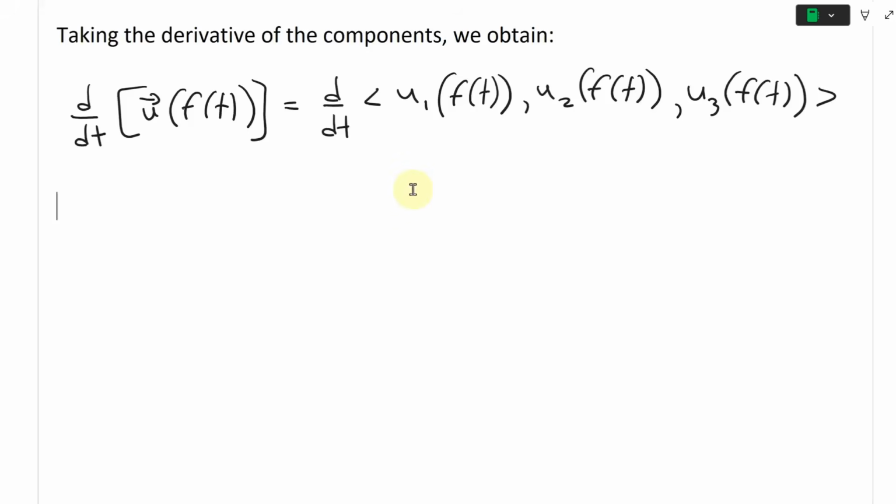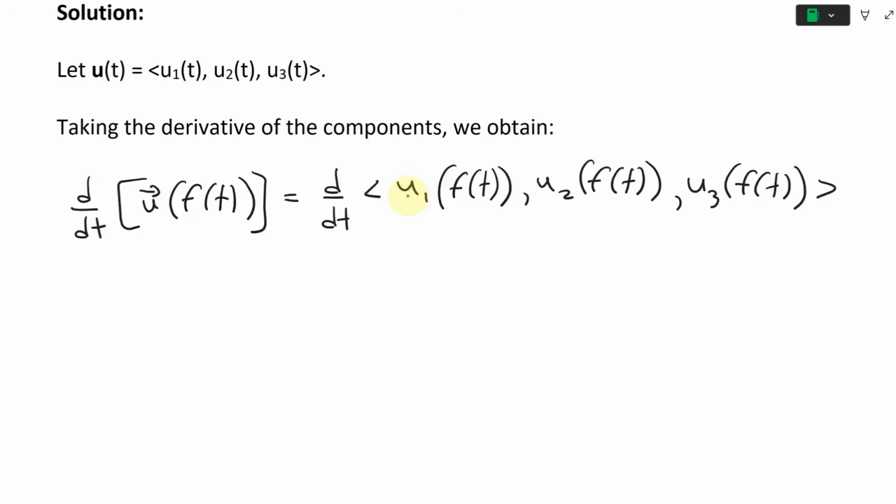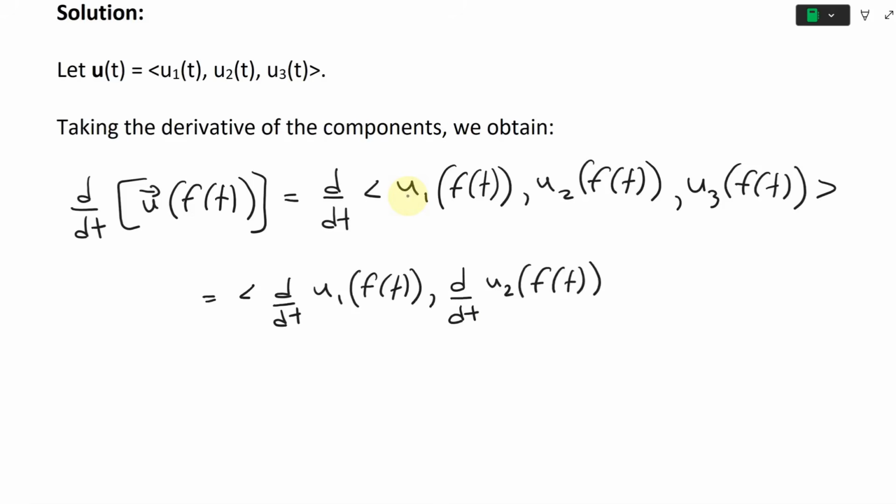All right, so we separated that, and now we take the derivative inside each one. This equals the vector with components d over dt of u1 of f of t, d over dt of u2 of f of t, and d over dt of u3 of f of t.